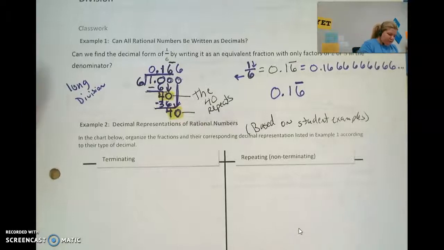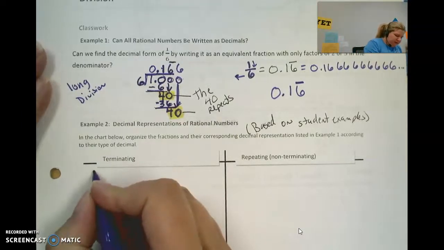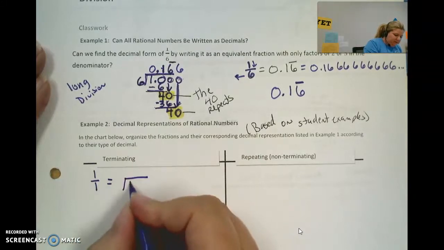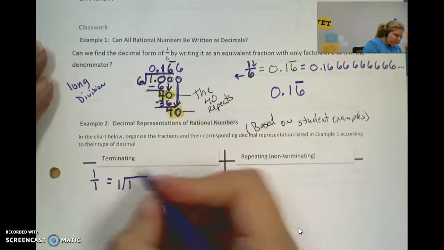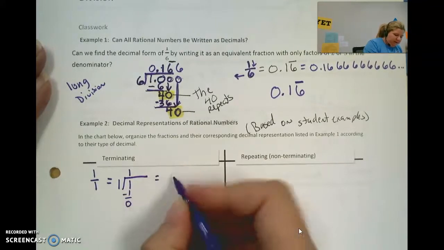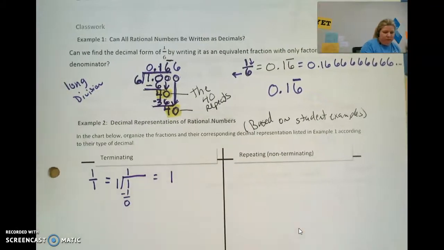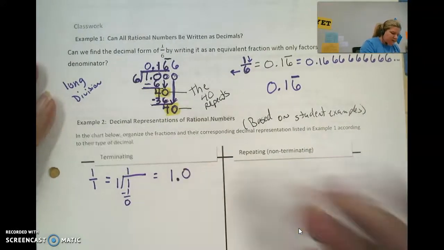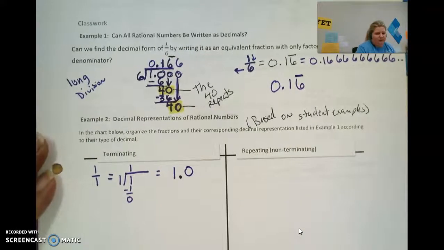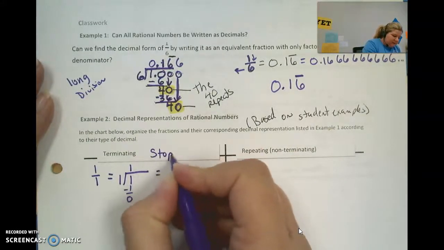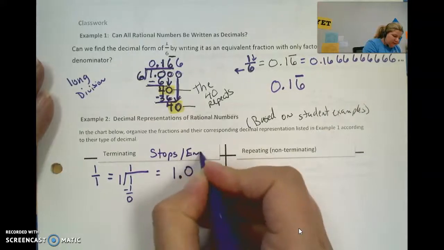So 1 over 1 is actually going to be terminating. If we write that out using long division, it would be 1 into 1, which goes 1 time, and that is 1, or 1.0. But we can just put 1.0 since we're focusing on fractions to decimals. Okay, so that's terminating. That means that it stops or ends.